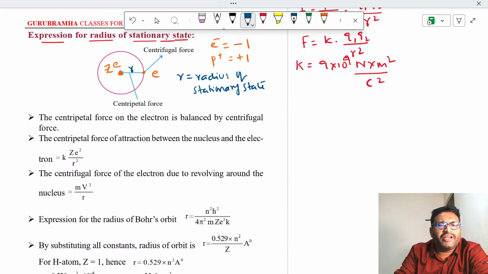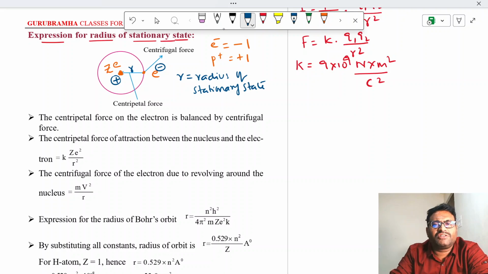So let us apply Coulomb's law here. This is a positive charge and this is a negative charge. What will be the force between these two? The force is an attractive force.